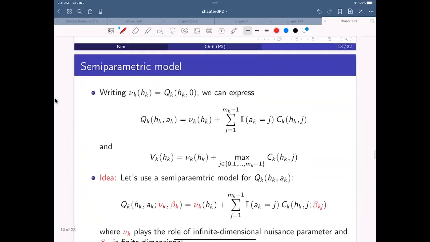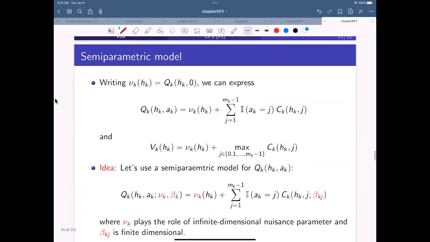And now the actual modeling, here's the basic idea. Now we can use the contrast function to express the Q function as a baseline plus the contrast function.